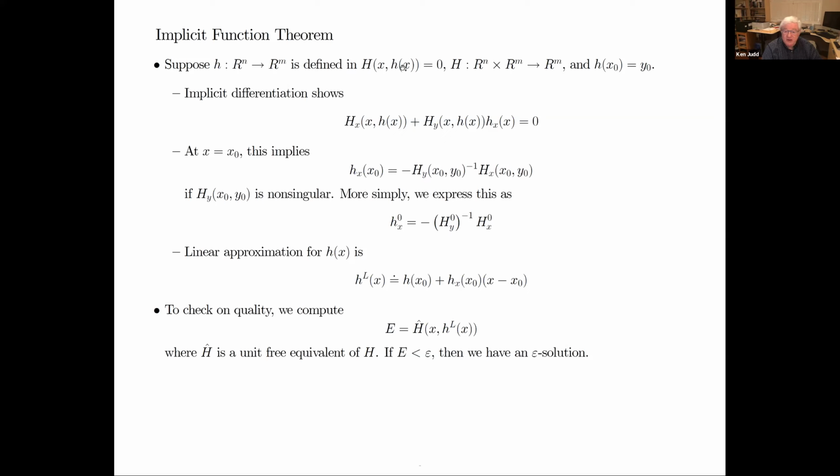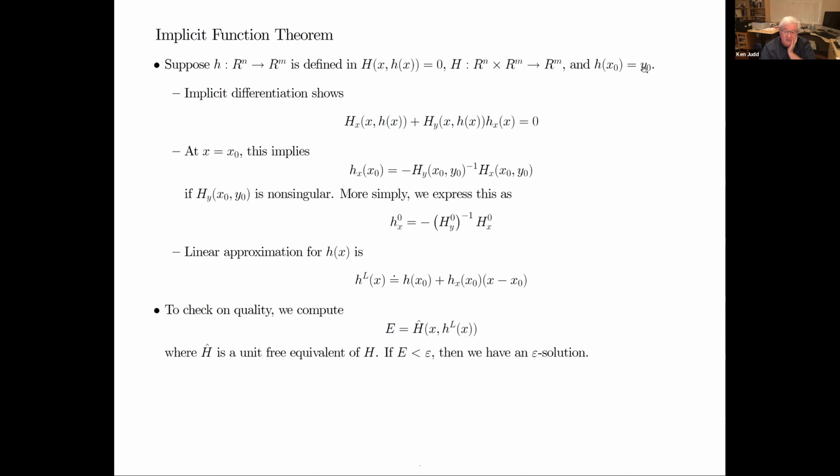What we're going to try to do is find, this is an implicit definition of the little h function. It implicitly defines little h. So little h is like m unknown functions, and you have m big equations here, so the number of equations and unknowns matches up.